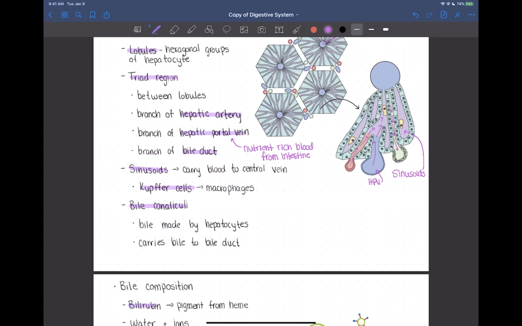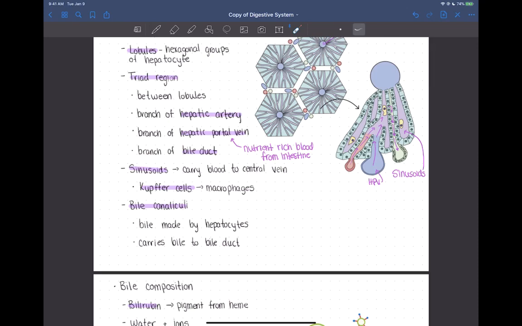And that's going to be carried to the bile duct here, and then carried out of the liver. So these are the bile canaliculi here. That would be a bile canaliculus. The hepatocytes make the bile, and then that travels through the bile canaliculus to a bile duct.